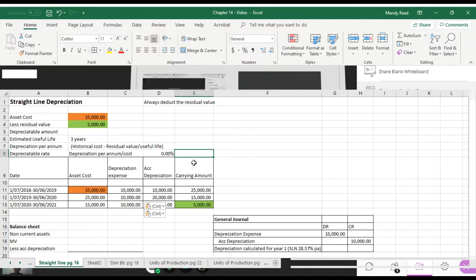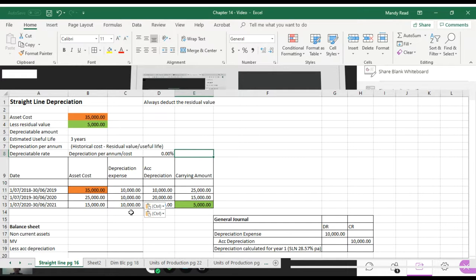That's why the carrying amount at the end of the year can also be called closing written down value. Remember, in accounting there are lots of terms for the same thing, and it's important that you understand that.